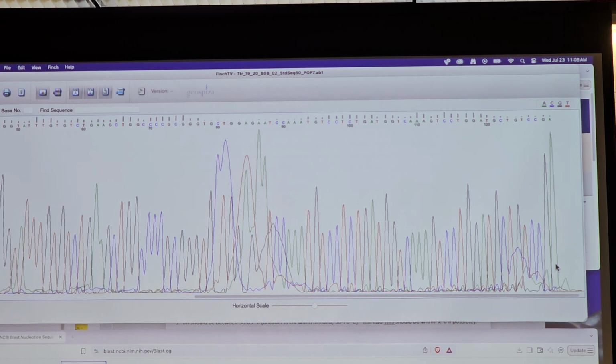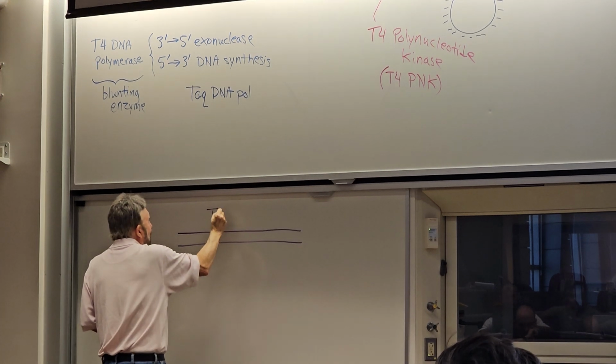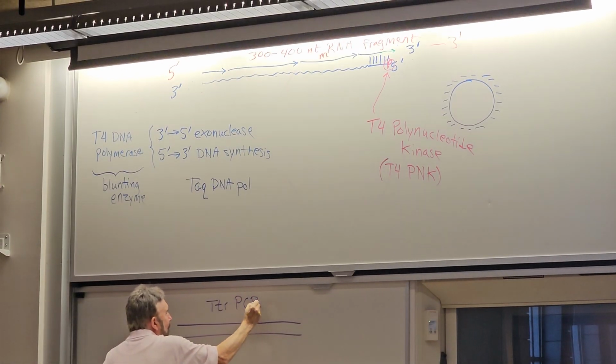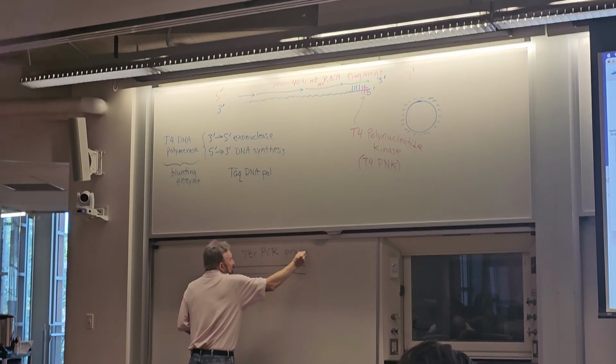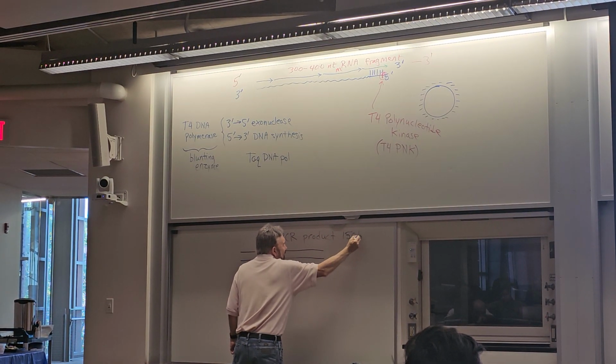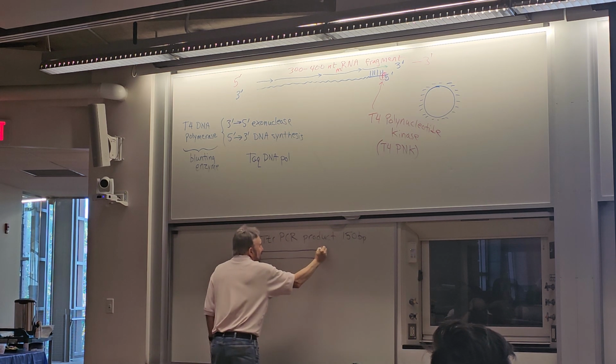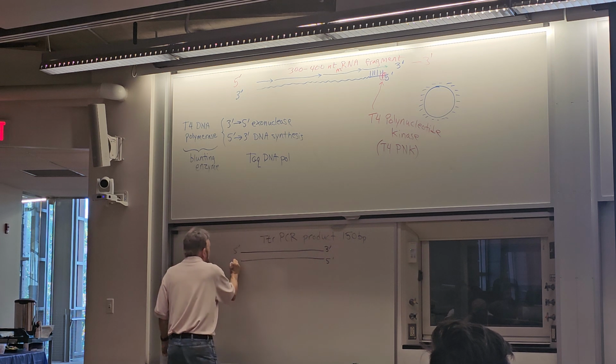So you said that the enzyme has holes for this section. So our 150 base pair PCR product, let's do this one forward. So here's our TTR PCR product. It's 150 base pairs. When we sequence, this is 5', 3', 5', 3'.